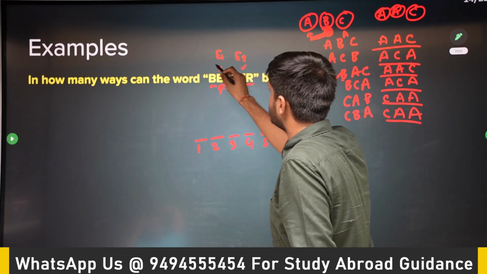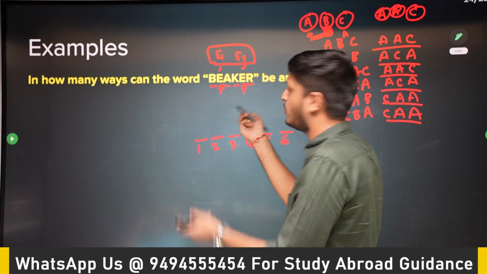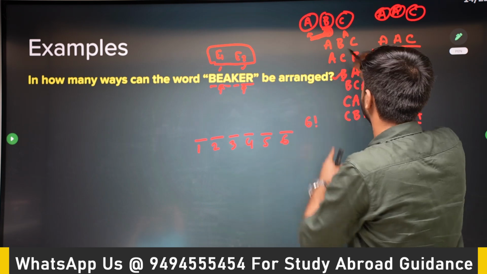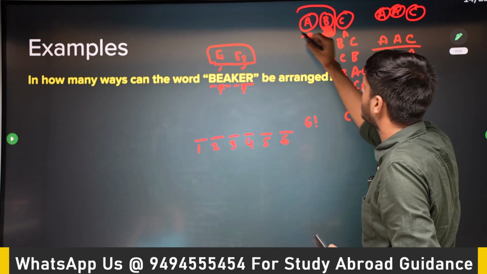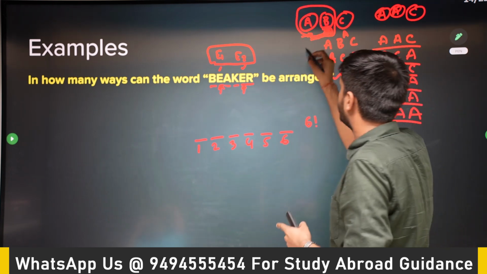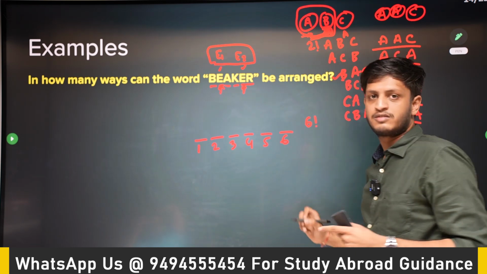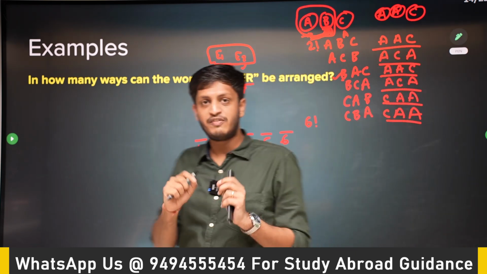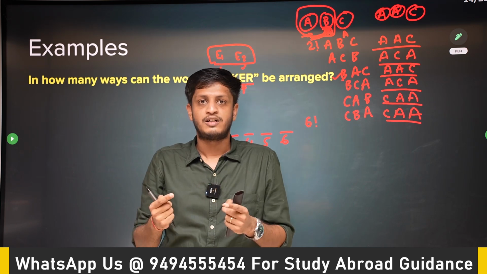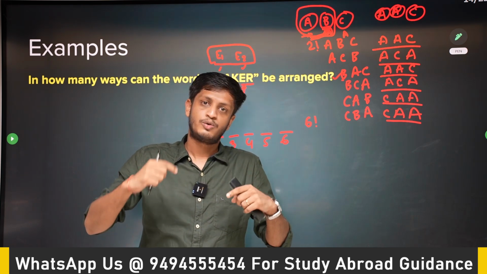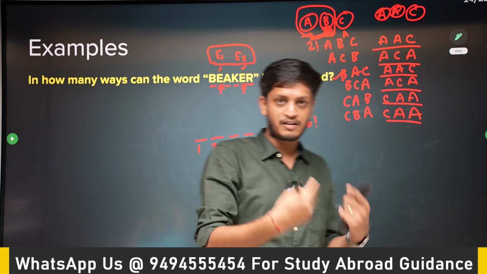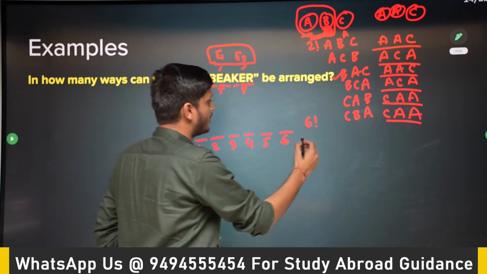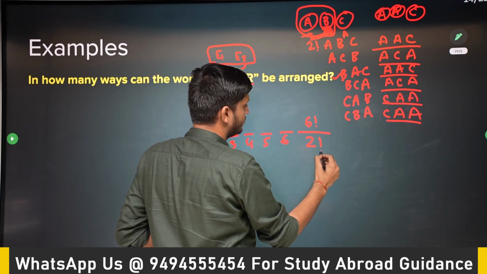Because of the number of ways in which we can arrange these two among themselves. Here also the same thing. The number of ways in which we can arrange A and B among themselves is 2 factorial. The number of ways in which we can arrange E1 and E2 among themselves is 2 factorial. So every permutation will be counted 2 factorial times. That will be the repetition factor. So we have to divide this by 2 factorial.